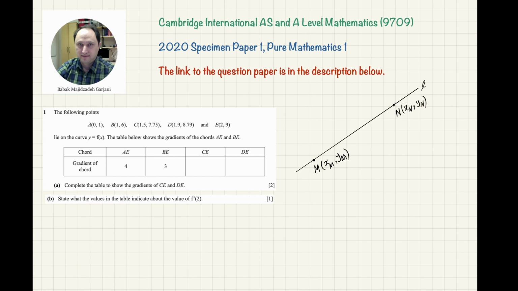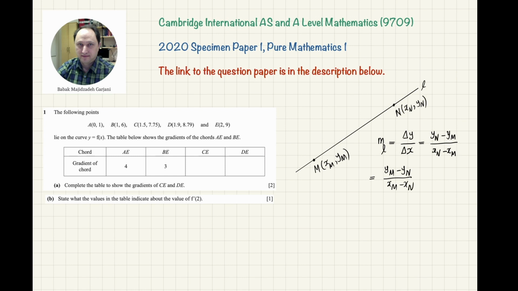If I want to calculate the gradient of this line, say m sub l, the gradient of a straight line L, this is equal to delta y, the change in y values, divided by delta x, the change in x values. Of course, delta y can be written in this form, yn minus ym divided by xn minus xm. Of course, you can also write ym minus yn divided by xm minus xn.